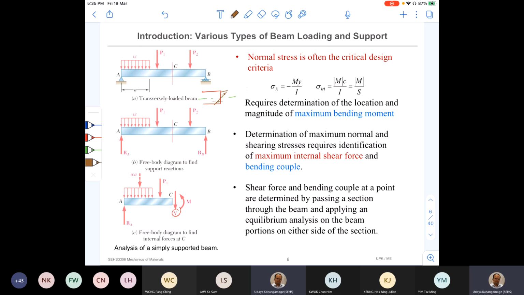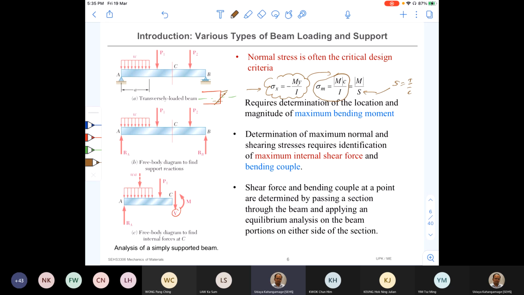And we know how to find that axial stress using the bending formula, sigma x equals negative My over I. And if you want to find the maximum values, we simply replace y by c and then use this equation. Okay. Or another modification of that equation is using the section modulus. Here S is equal to I over c.